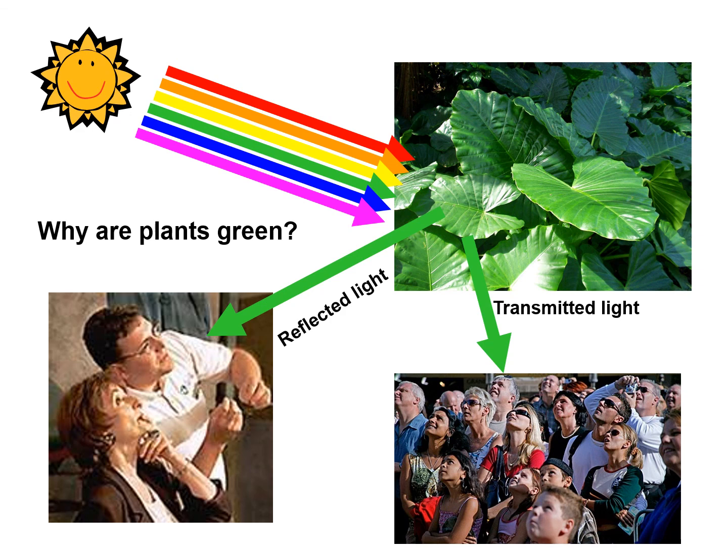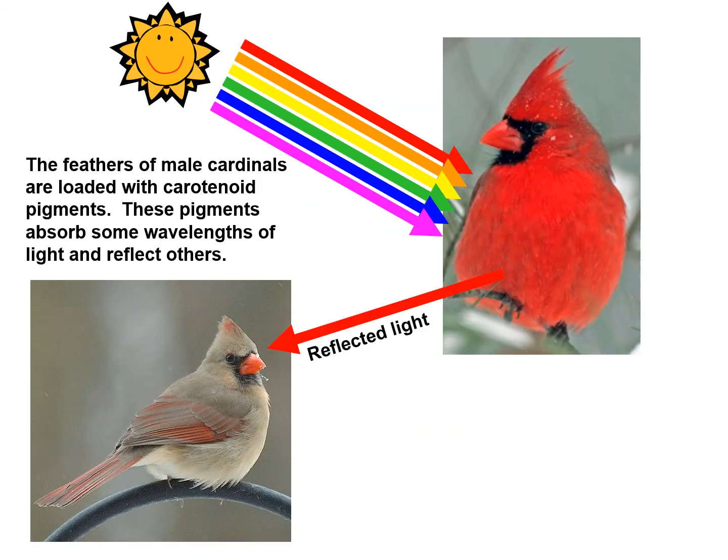So why are plants green? Leaves are green in color because of the presence of green color pigments within the plant cell called chlorophyll. Okay, sunlight minus absorbed wavelengths or colors equals the apparent color of an object.